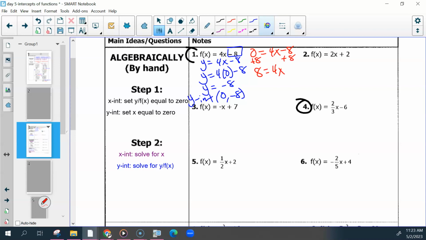And then divide both sides. So 2 equals your x value. How would we write our x-intercept? How would we write that value as an ordered pair?